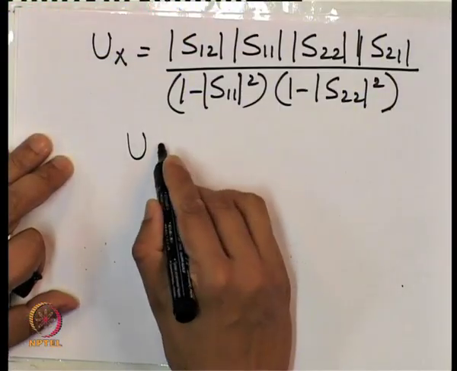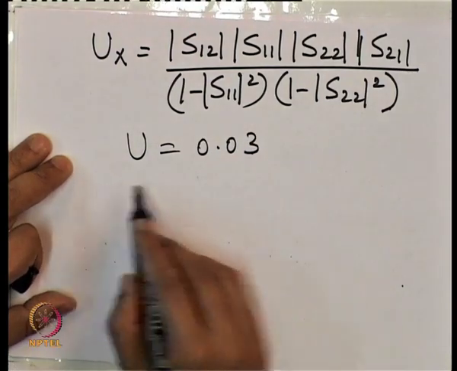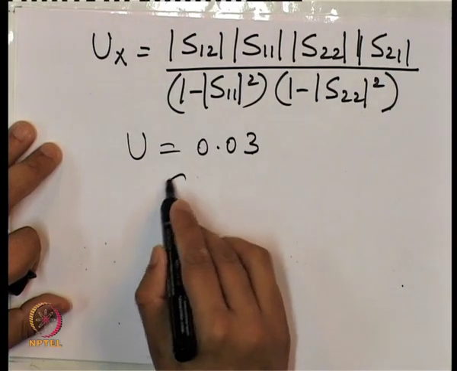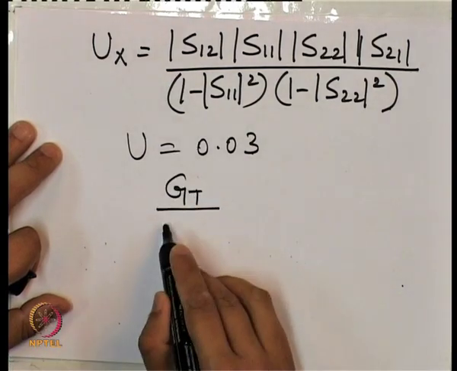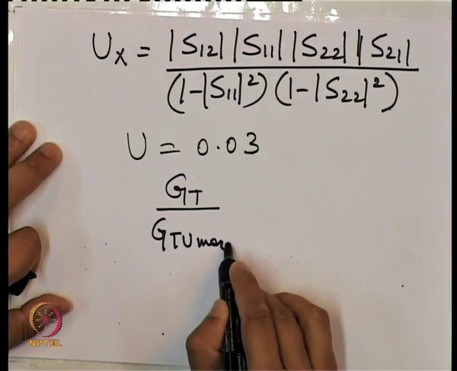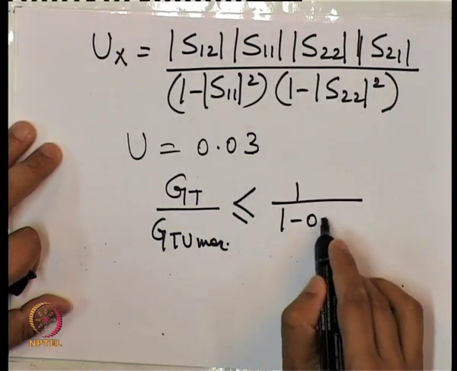So, usually a particular value of u, say if it is 0.03, then GT upon GTU max will be this.